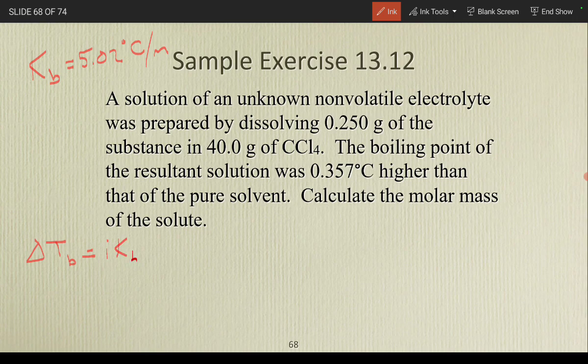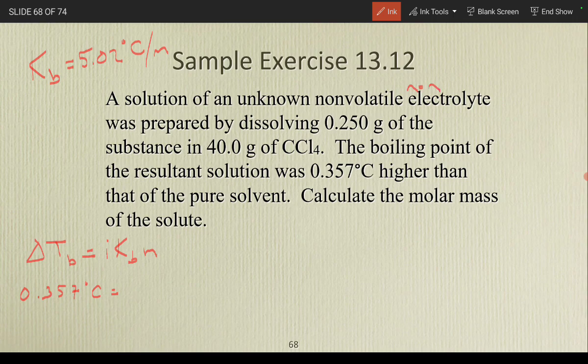But we've got this formula here, and when we look at the equation, we know the change in boiling point already, 0.357 degrees. Van't Hoff factor, since it's a non-volatile electrolyte, and actually this should say non-electrolyte, I believe, because otherwise we don't have enough information.